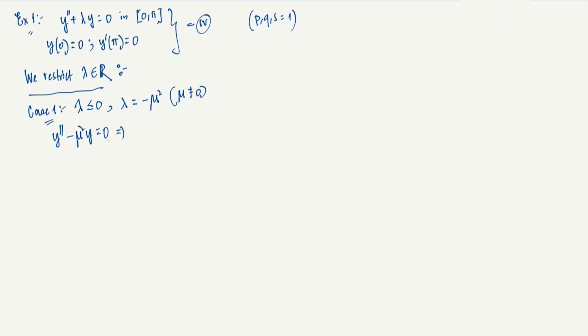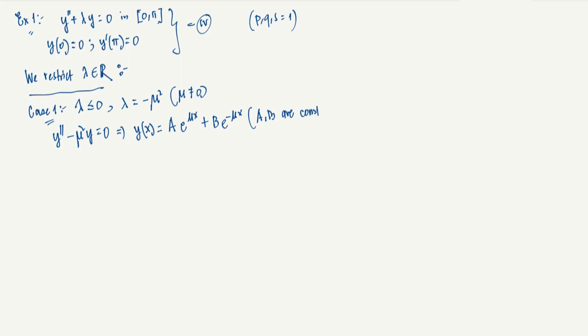And you do realize if this is your problem, then you can check what y(x) is. y(x) in this case is some constant a times e to the power mu x plus b times e to the power minus mu x. I do not have to explain how this comes; this is basic ODE theory. So a, b are constants.